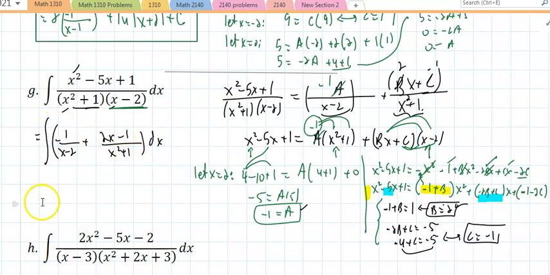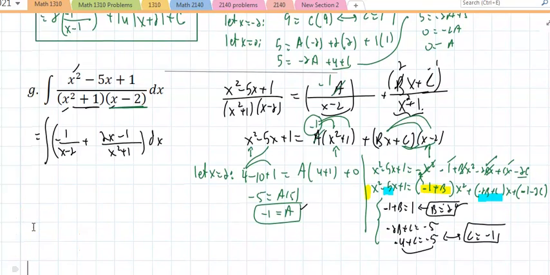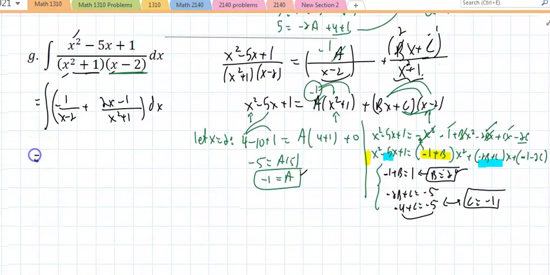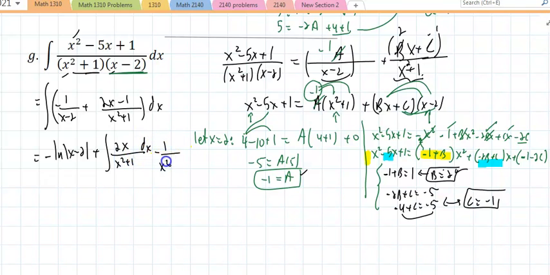Now what? Now what you do, you say, well, this part is negative natural log of x minus 2. That's easy. This part, you're going to split it up. You're going to take 2x over x squared plus 1 dx minus 1 over x squared plus 1 dx.